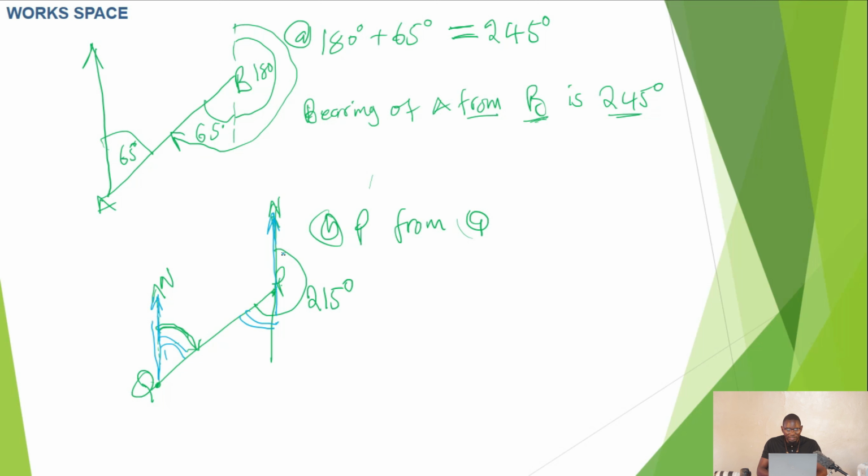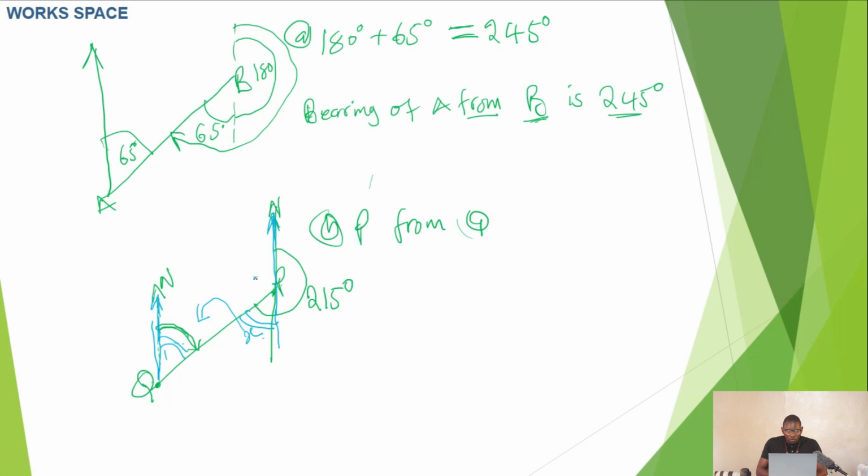We've been told that the whole angle from the true north at point P is 215. To find this angle, we know these are called Z angles or alternating angles.